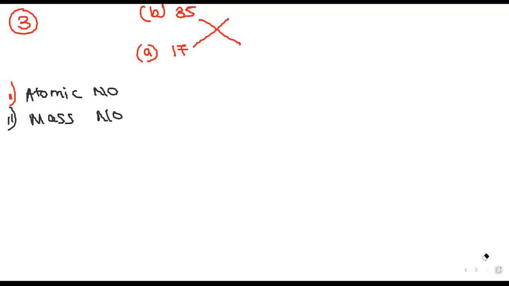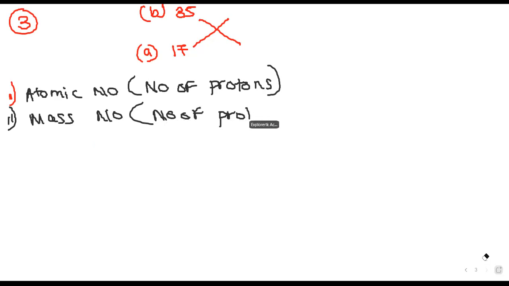That number is usually taken as the number of protons. And if you have a number on the left hand top corner, that number is the mass number. That number is taken as the summation of number of protons and number of neutrons, right?